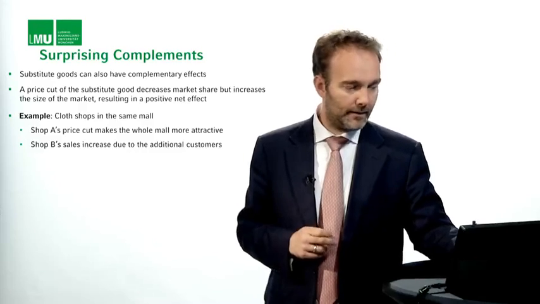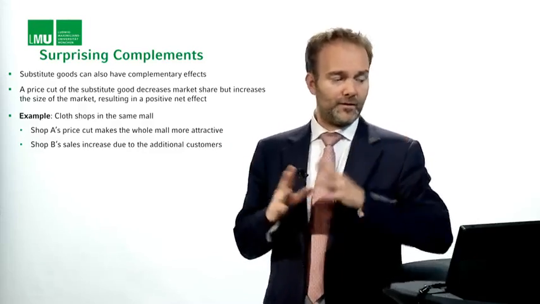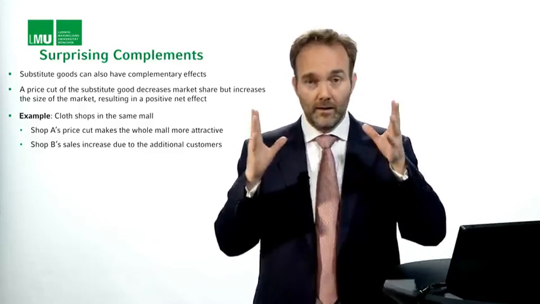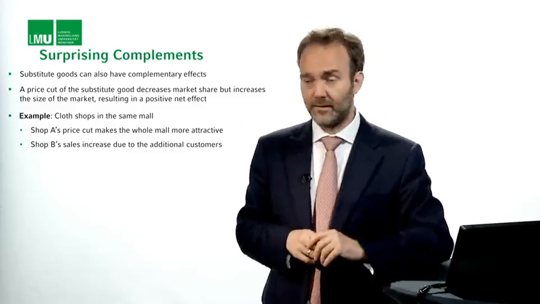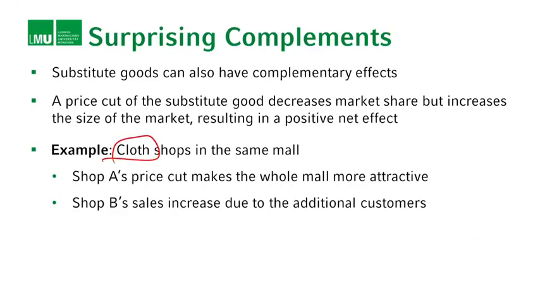So let's again, I think, take a look at this one. Here, substitute goods can have complementary effects. So it's pretty clear that a substitute good would be, for example, cloth shops in a mall. Okay, so you get different types of cloth, but if you're going to buy cloth in one shop, you're not going to buy it in the other, right?